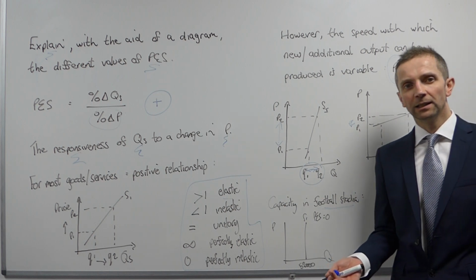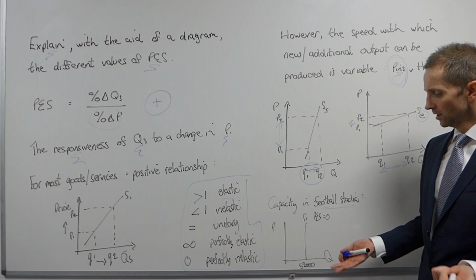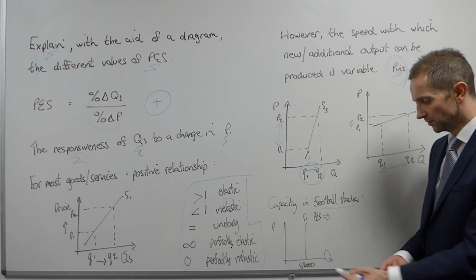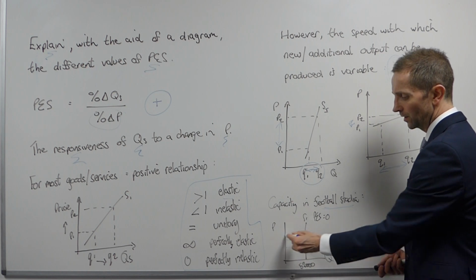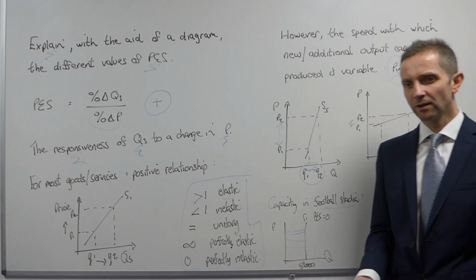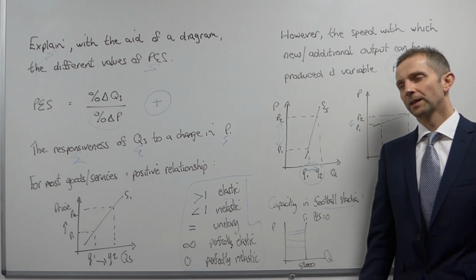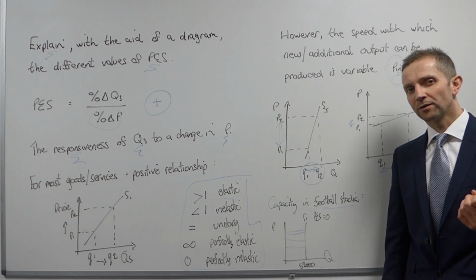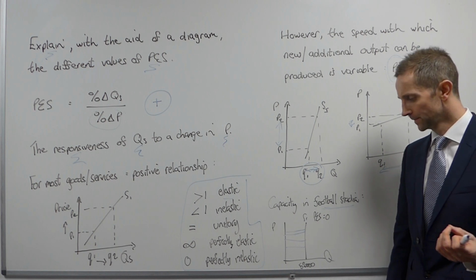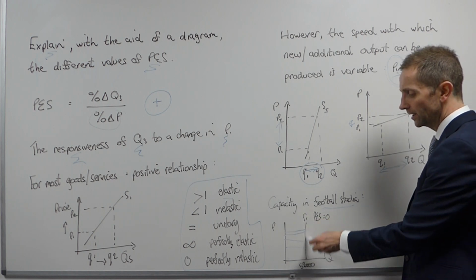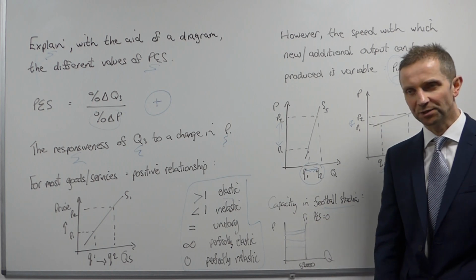So if I take the local team here, Newcastle United, capacity 52,000, and it's fixed at 52,000. So it doesn't matter whether somebody's willing to pay nothing or £20 million for a ticket, it's not possible to suddenly increase the number of seats in the stadium. And so it's fixed at 52,000. Hence the supply is perfectly inelastic.